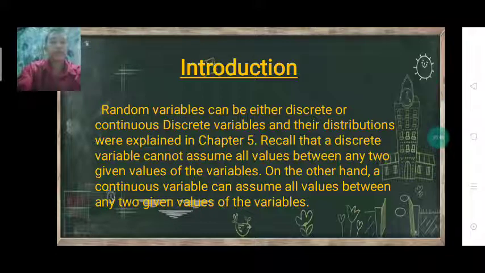Introduction. Random variables can be either discrete or continuous. Discrete variables and their distributions were explained in Chapter 5. Recall that discrete variables cannot assume all values between any two given values of the variables. On the other hand, continuous variables can assume all values between any two given values of the variables.